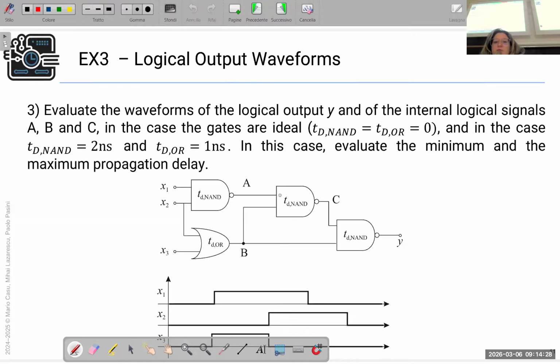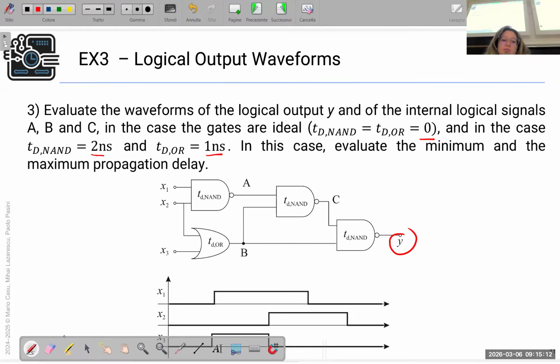We have to evaluate the waveform of A, B, and C, and the output, the internal logical signals ABC, in case the gates are ideal, so there is no timing delay, and in case each gate brings a delay. In the real case, evaluate the minimum and the maximum propagation delay. Okay? So now let's see step by step.